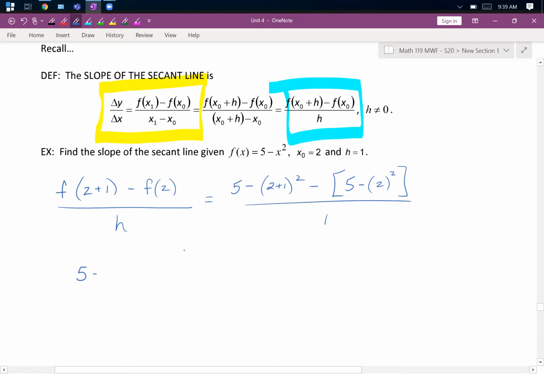So that's 5 minus 9 minus 5 minus 4. Negative 4 over negative 1. We get that the slope of the secant line is negative 5.